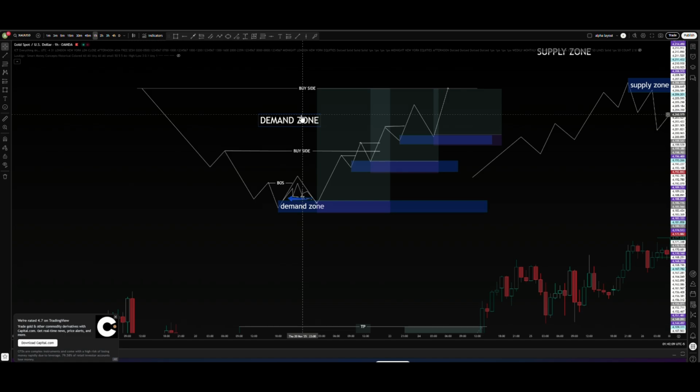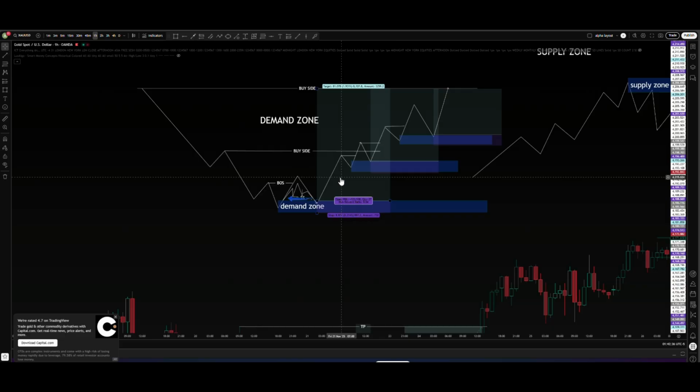So when price returns to this zone, buyers are likely to step in. As you have seen here, buyers have stepped in and the price reacted strongly. You see this big move here. Simply, demand equals a buy zone.